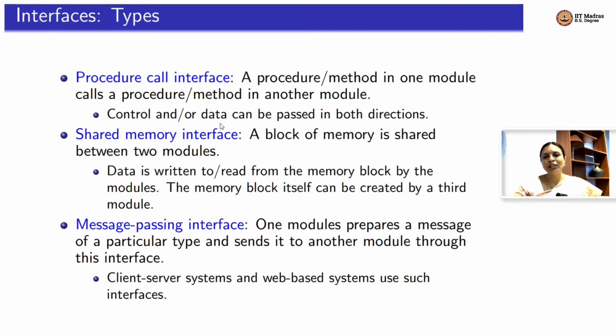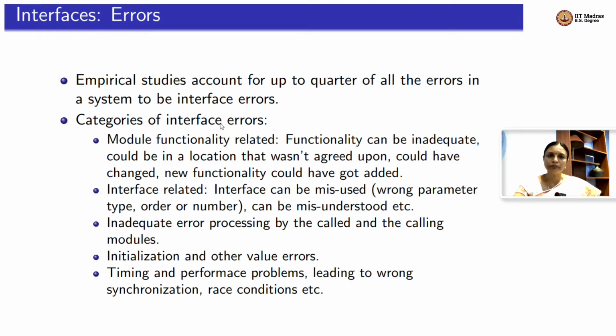Message passing interfaces need not be queues but channels of a particular kind. Classical examples are web clients talking to web servers, or generally software clients talking to the main server. They all are message passing interfaces. These are common interfaces that you will find while programming and that can be used for integration testing.